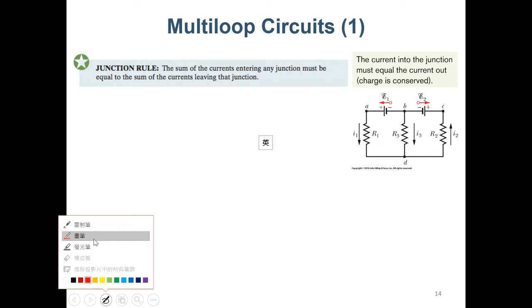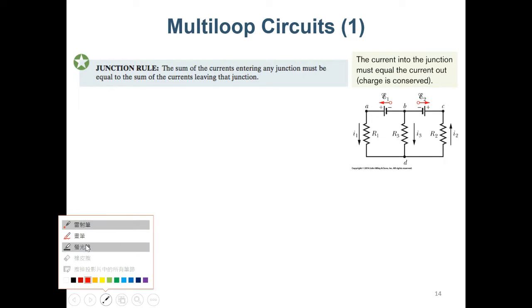So now we consider some slightly more complicated cases, which is the multi-loop circuit, because a single loop circuit is too simple and not so practical in some cases.